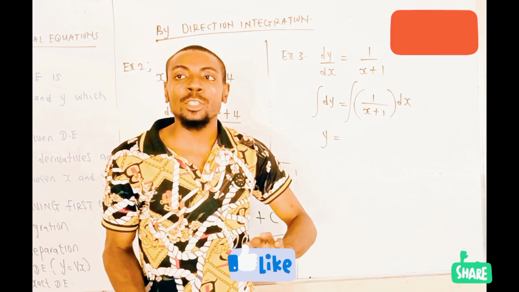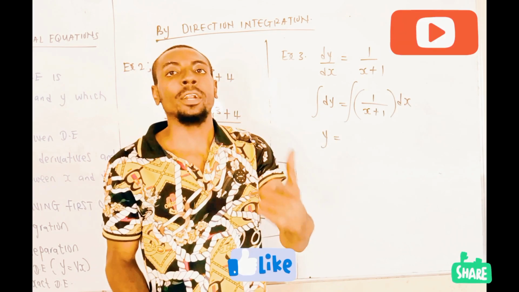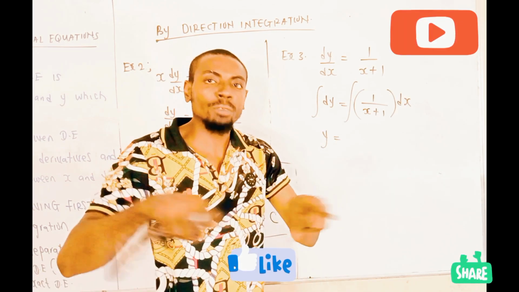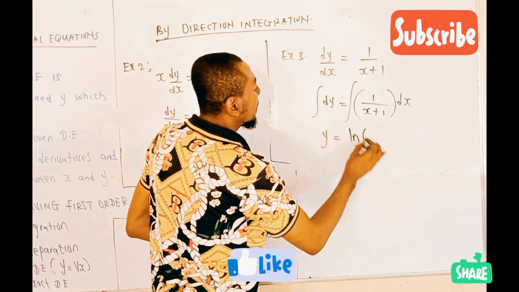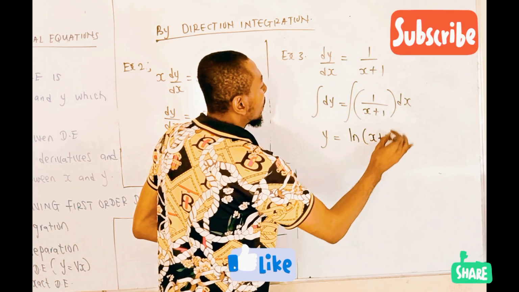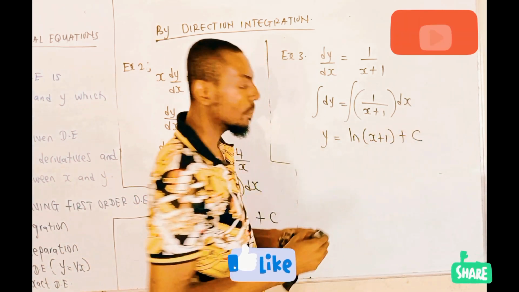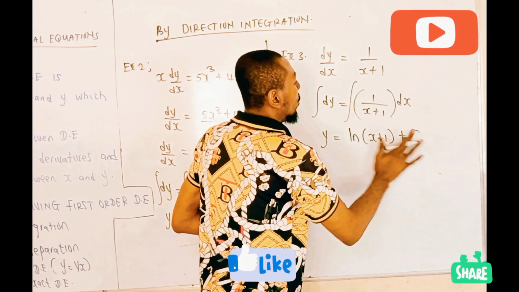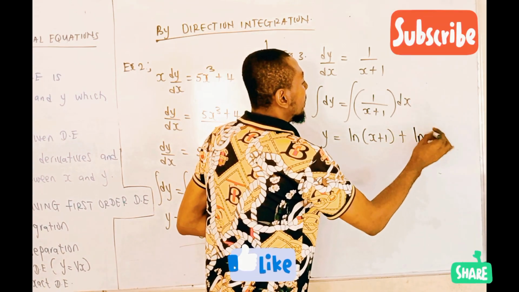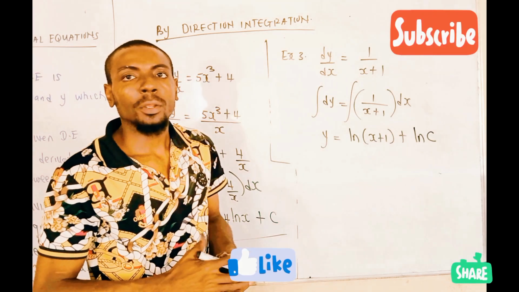Whenever the derivative of the denominator is equal to the numerator, then the integral of the function will give us ln of that denominator plus c. And since it is a logarithm function, it will now be plus ln c. You understand?